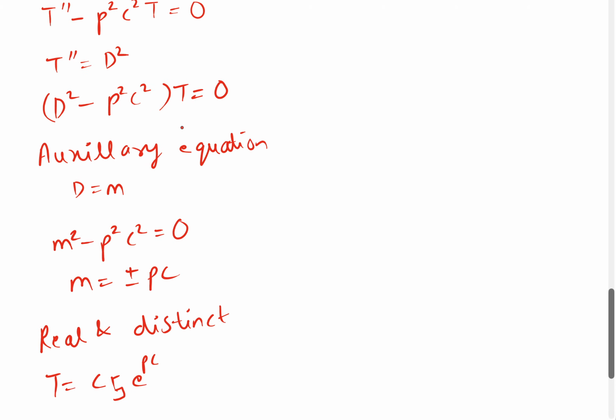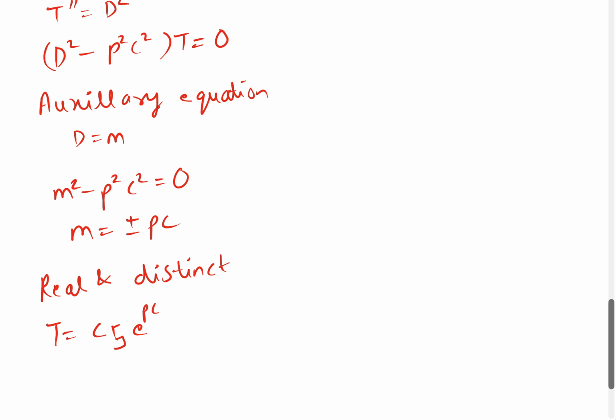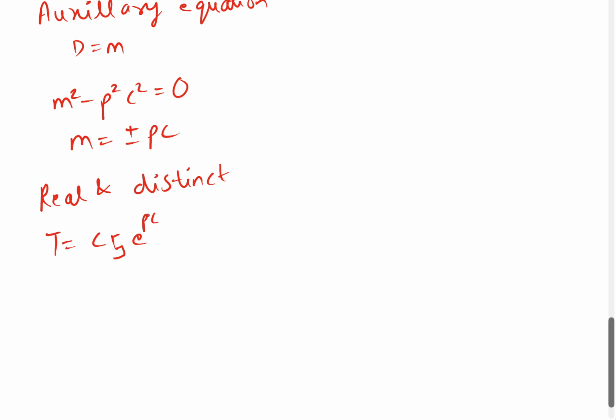Correct. So t is equal to c5 e raised to the power pct plus c6 e raised to the power minus pct. This is our second equation. Correct. So I'm going to write it as this.